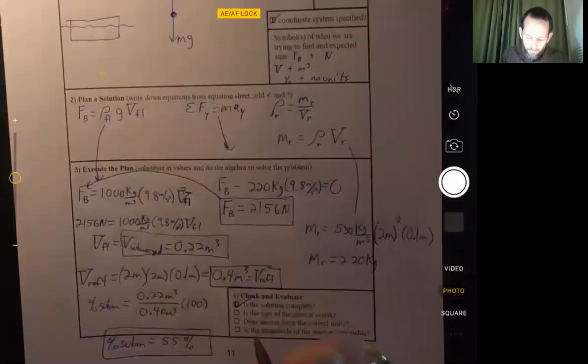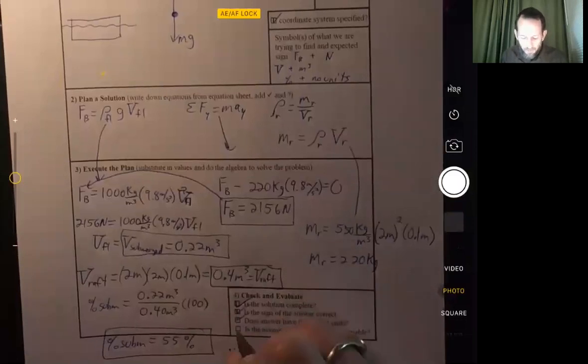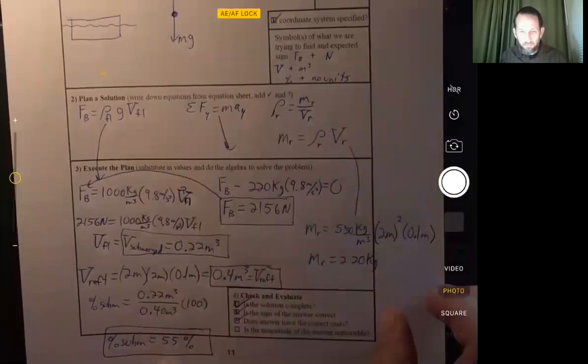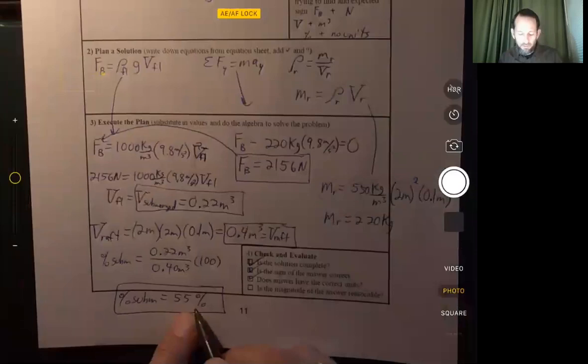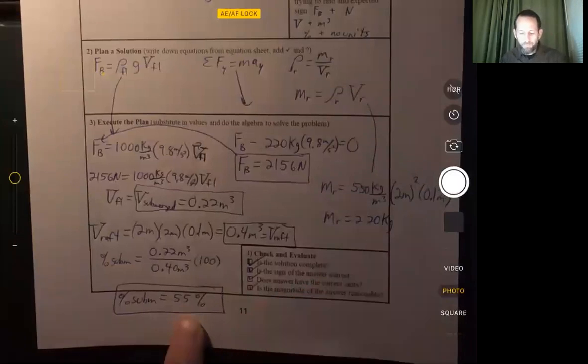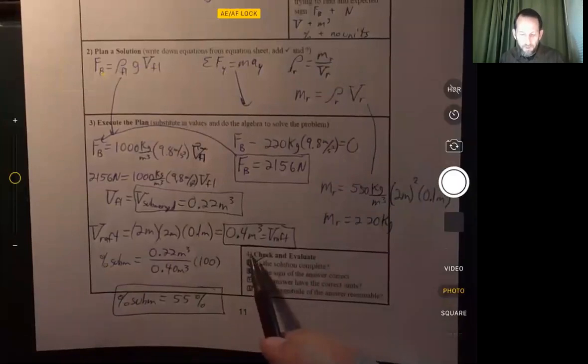So signs are correct, and the units all make sense. The magnitudes, well, the percentage makes sense. It's less than 100. If we'd gotten a negative value or a number greater than 100, that would have been bad. So that's a reasonable value. For our other values, it's sort of hard to tell. All right, so we're all done.